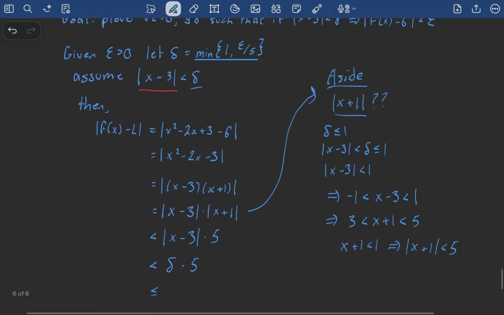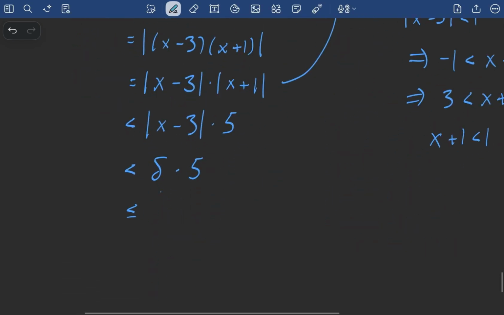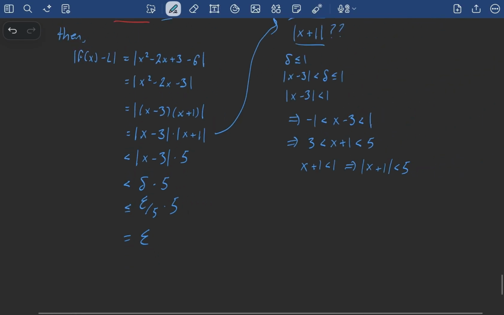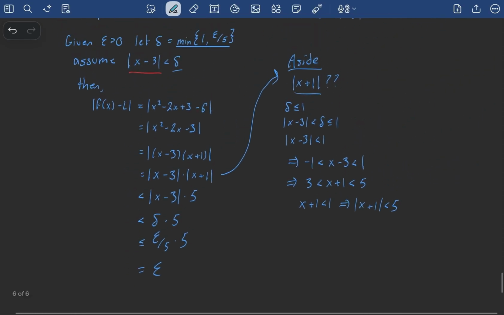So now we can replace our delta with epsilon over 5 times 5. When you look at that, you end up with exactly what you need. And through this pretty long chain, we've ended up with the absolute value of f of x minus L is less than epsilon. And that is our whole proof.